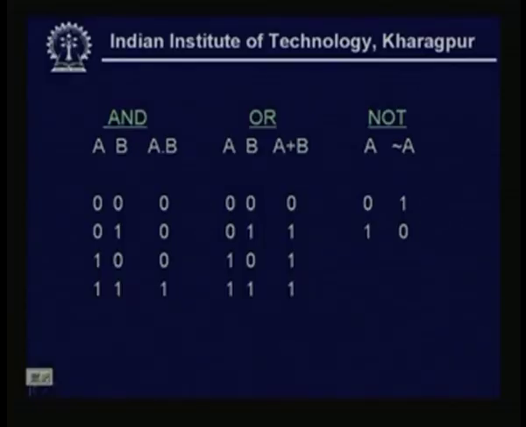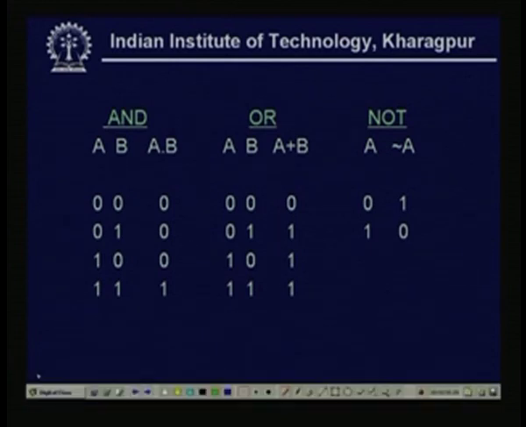Now, we remember AND, OR, NOT. If we now take the concept of Boolean algebra, A and B are the elements. Now, the operator, say A dot B, is similar to our AND gate. That means this is the truth table of the AND gate.